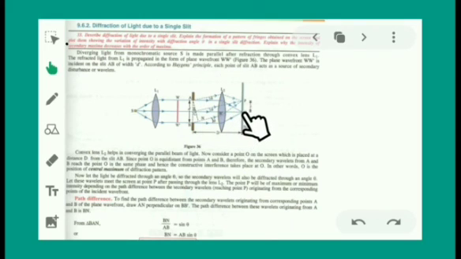At the point O, that is the center of the screen, all the wavelets reach in phase. So the point O corresponds to central maximum. There is no path difference between the waves coming from the points AC and BC to reach the point O. So O corresponds to central maximum.